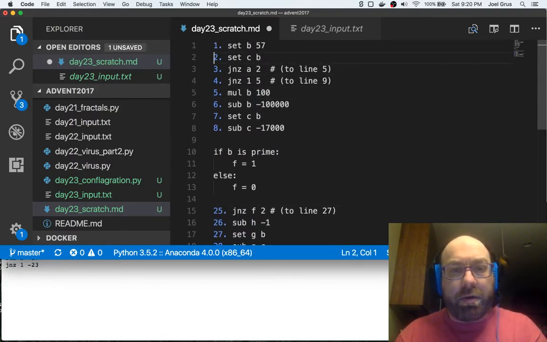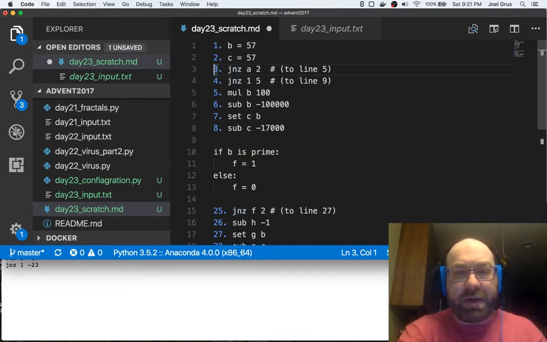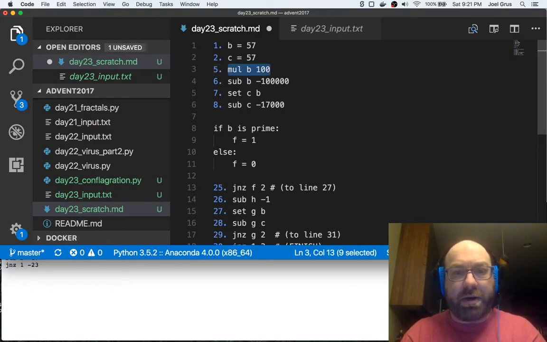So it's also the case, so let's rewrite some of these. B equals 57, C equals 57. And now we're dealing with our second case where we said A is definitely going to be 1. So A being 1 means that we just go straight to line 5, and so we skip over this one, so it's done. Multiply B by 100, so that means that B equals 5,700.